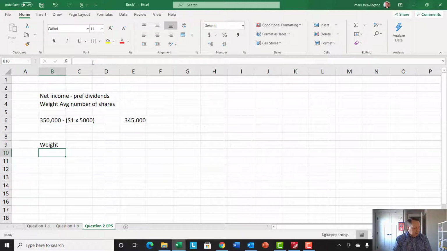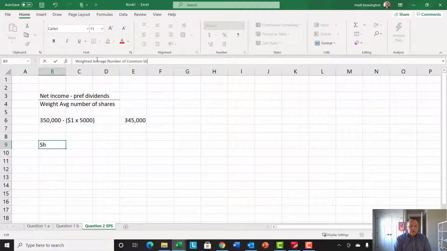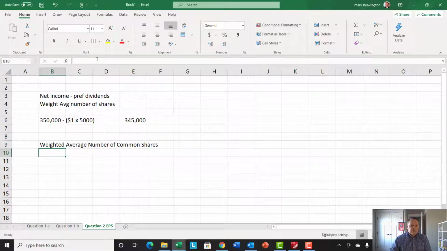But the weighted average number of common shares. So the way we do that again is we look at, okay, how many shares did we have to begin with? Well, we had 9,000 shares. And for what period did we have those shares?